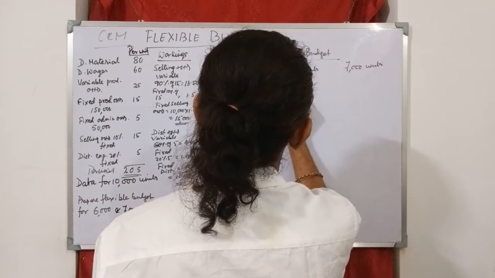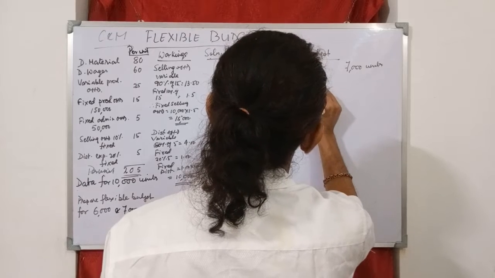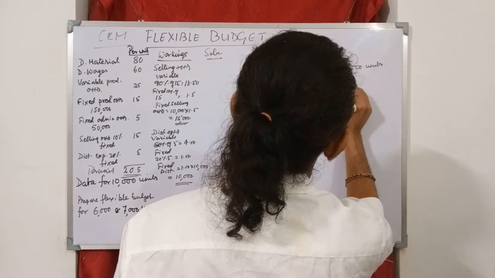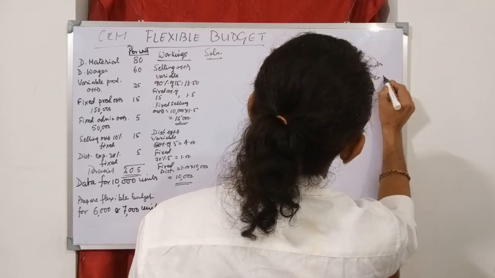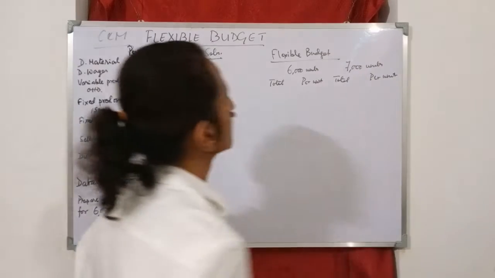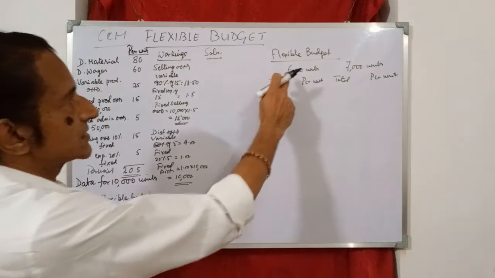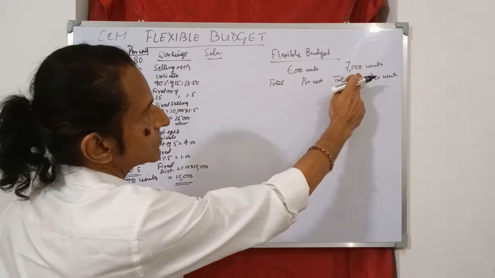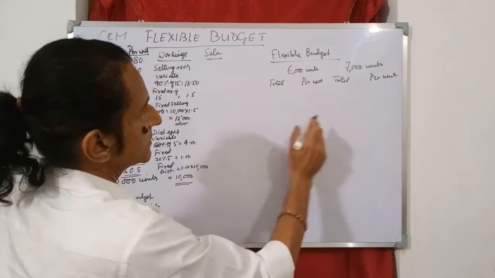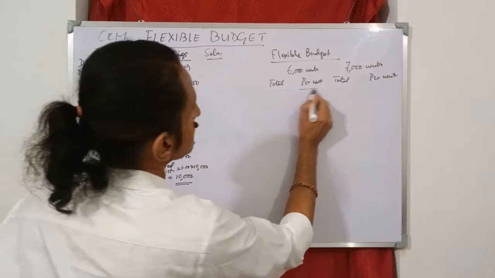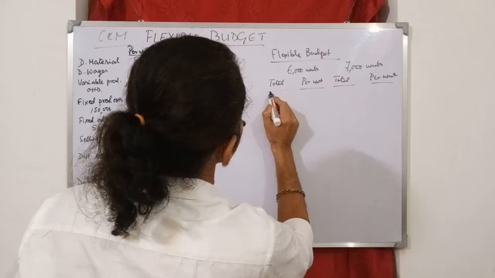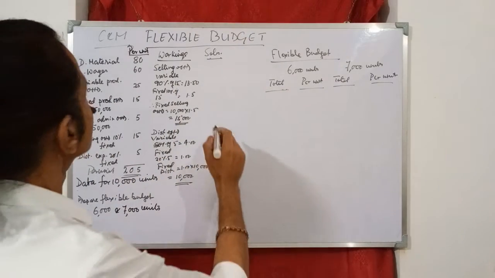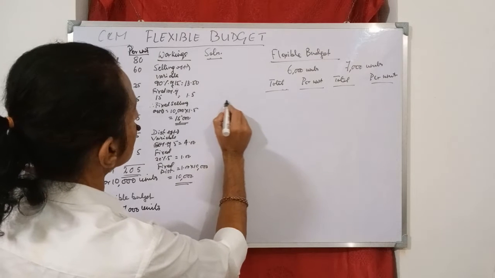Here we write total, here we write per unit, similarly total and per unit, right? 6,000 units total per unit and 7,000 units total and per unit. Okay. So we start with direct material cost.